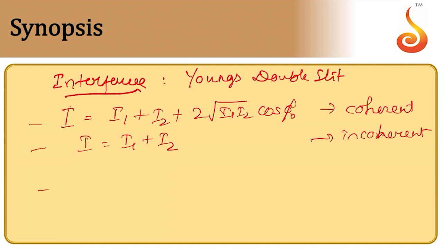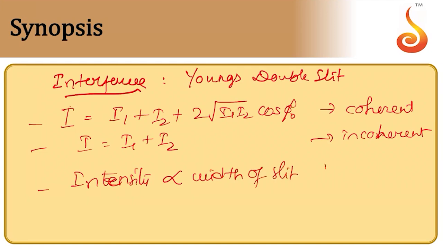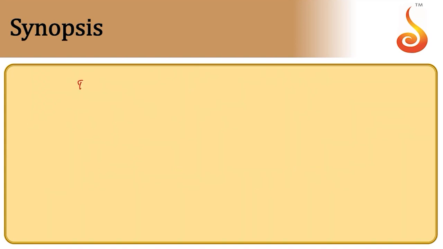And remember, intensity is directly proportional to the slit width. And this is directly proportional to amplitude square. So we can write it like this: I1 by I2 is equal to W1 by W2 is equal to A1 square by A2 square.